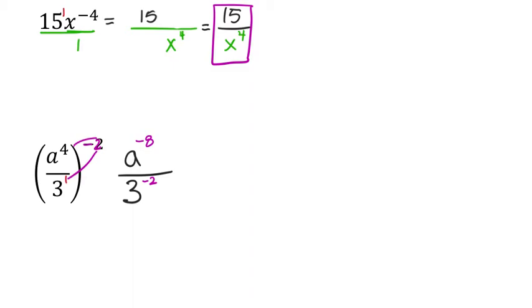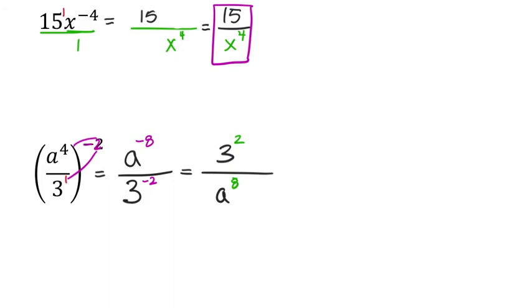But what that does for us is it's going to take the bases and then flip them. Okay, but by flipping these, now the exponents become positive. So now it's 3 to the power of 2 over a to the power of 8. Again, +2 exponent, +8 exponent.